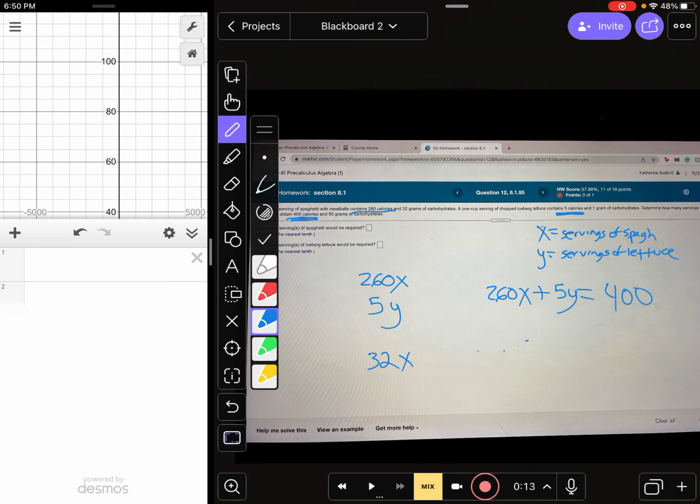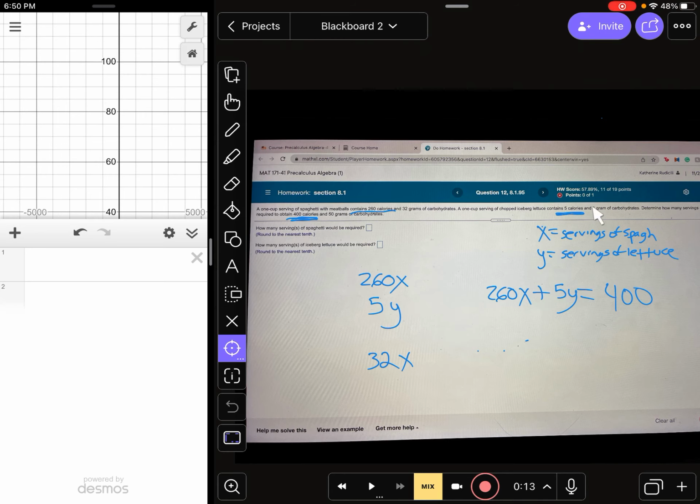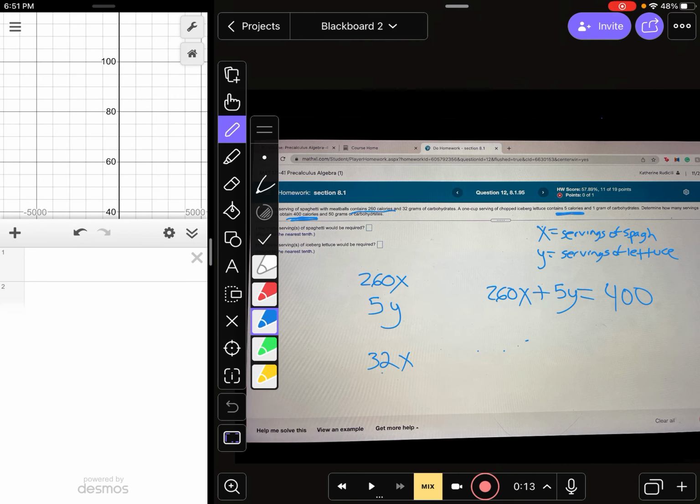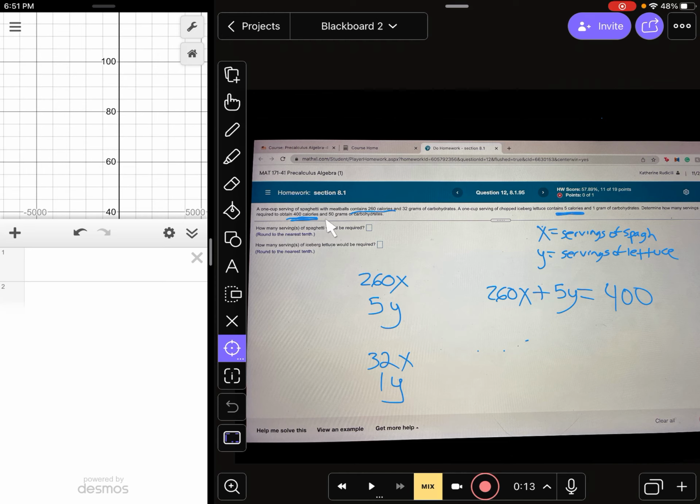That's how many carbs are in your spaghetti, depending on how many servings you have. For the lettuce, it says we have 1 gram of carbohydrates per serving. So I can go 1y. And I know when I add those up, it needs to be 50 grams of carbohydrates.